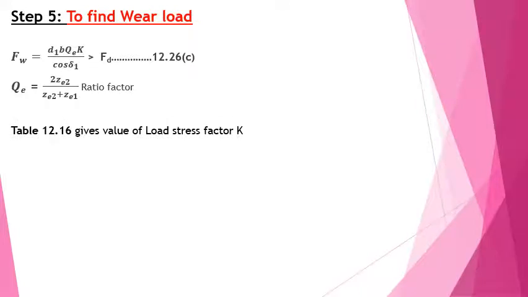Here we can refer to table number 12.16, which gives the value of the load stress factor K. Again, depending upon the type of tooth profile and the combination of materials, we can find the value of the load factor K. For a satisfactory design, the wear load should always be greater than the dynamic load for the design to be safe. So this is the design procedure for the bevel gear.